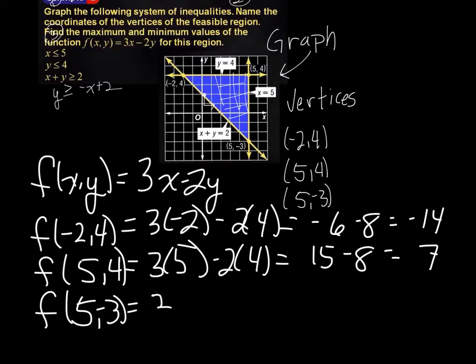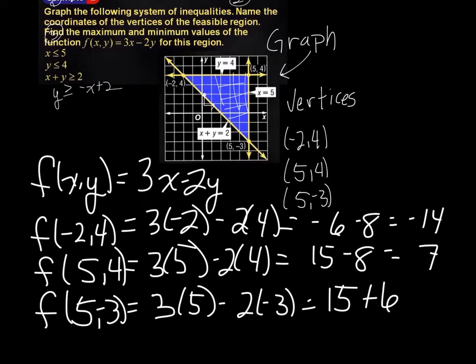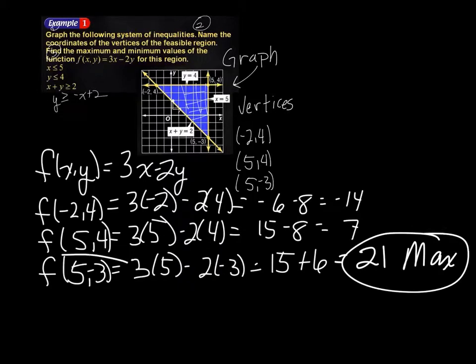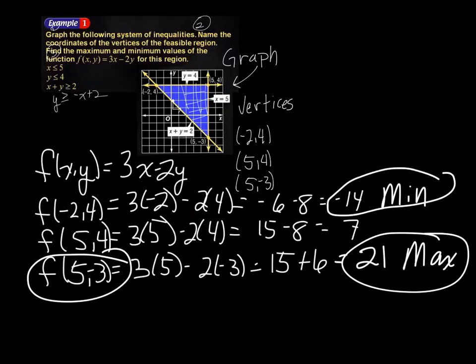And 3 times 5 minus 2 times -3. 15 plus 6 is 21. So our maximum value is the largest. It's 21 at (5, -3). Our minimum value is -14 at (-2, 4).